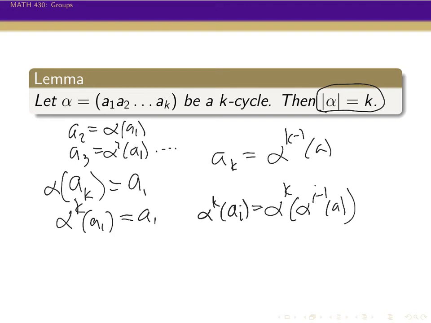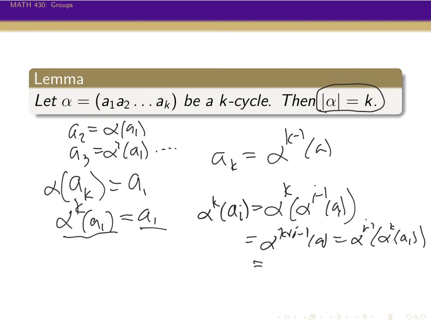And so since we're just applying alpha, really at this point we're just applying alpha k plus i minus 1 times onto a_1, which is actually equal to alpha^(i-1) applied to alpha^k of a_1. And we just saw that alpha^k applied to a_1 gives me back a_1, and so this is alpha^(i-1) applied to a_1, and then as we just saw before, this gives me back a_i. So alpha to the k of a_i still gives me back a_i.